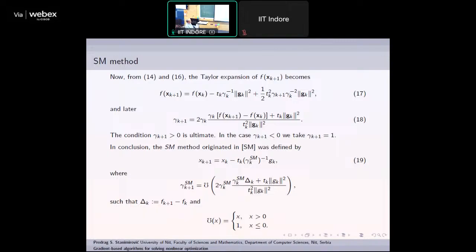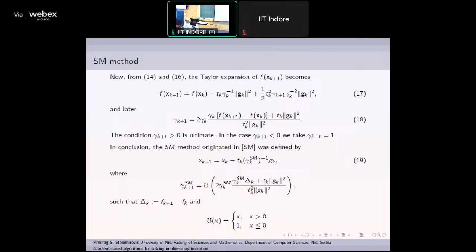Theoretically, it was fine, equation 18 was fine, but practically during iterations we sometimes obtain negative values or 0 for gamma k plus 1. Theoretically impossible, but numerically, due to round-off errors, it was possible. We wanted to prevent these situations.